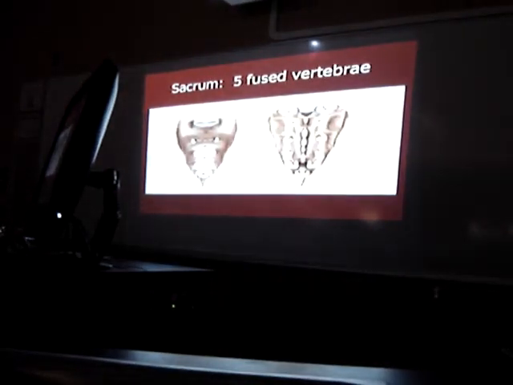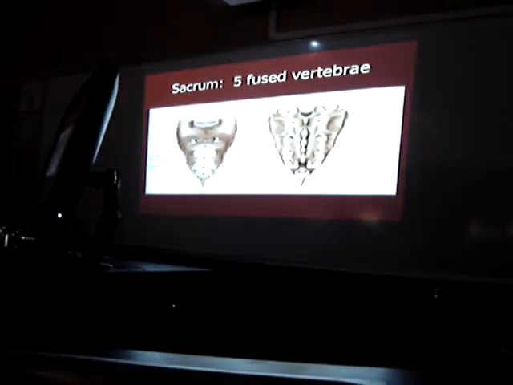There's the sacrum, 5 fused vertebrae. There's a little sacral canal. We actually had a real sacrum where I was before. The walls are very thin and the whole thing was really light, very fragile. You can't get one if you ordered it.